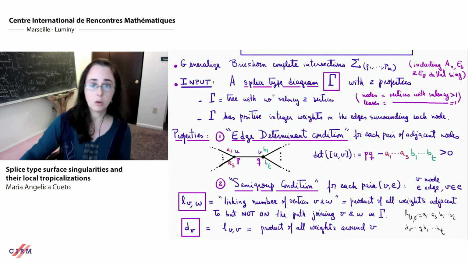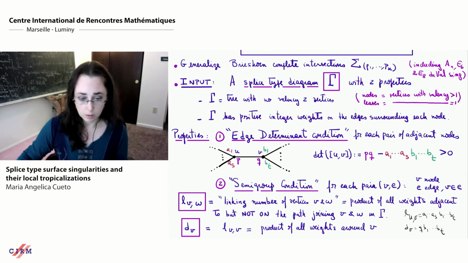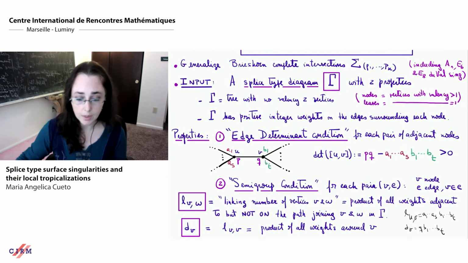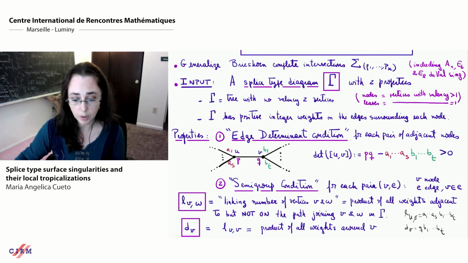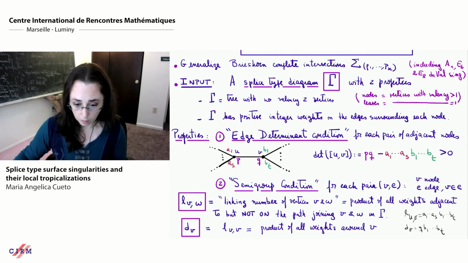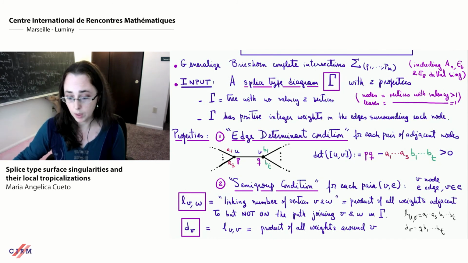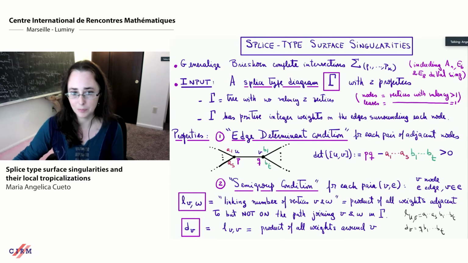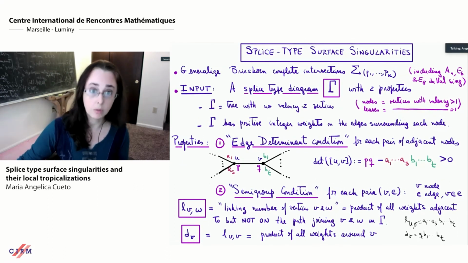The semigroup condition requires that the quantity d_V, the linking number of V with itself, has to be in the semigroup generated by the linking numbers between the vertex V and all the leaves of the splice diagram that are seen in the direction of E from the vertex V.